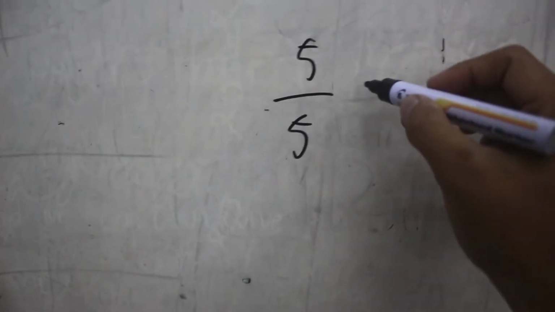Ano yung rule kanina? Pag mas malaki to over ganito, i-prove natin yan. For example, 5 divided by 5 is equal to 1. Based sa ganitong logic, x over x is equal to 1.